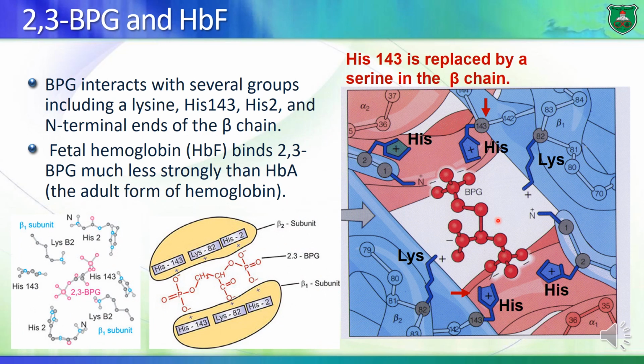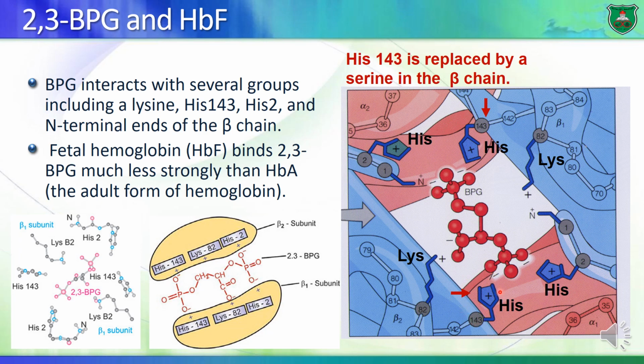Now, what's really important here is that 2,3-bisphosphoglycerate does not interact very strongly with fetal hemoglobin. The reason is that in fetal hemoglobin, instead of histidine 143, which forms electrostatic interactions with the 2,3-bisphosphoglycerate, there is no histidine 143.